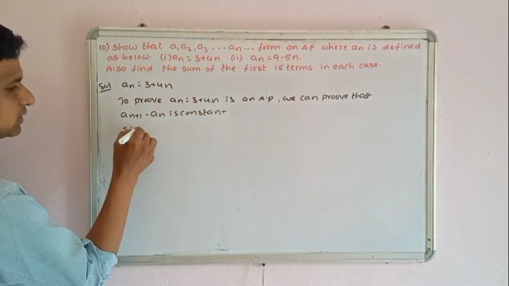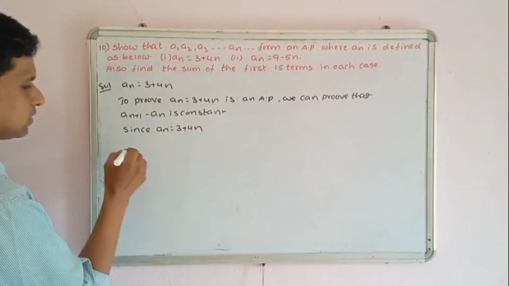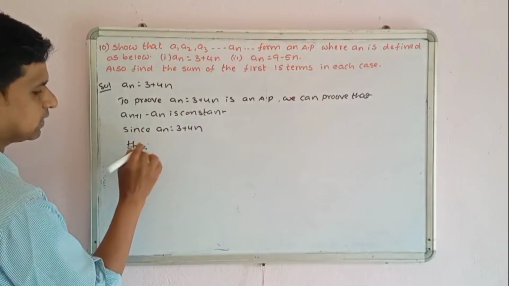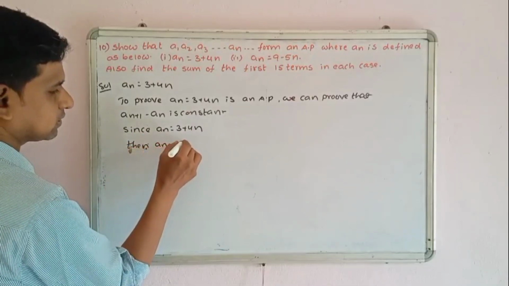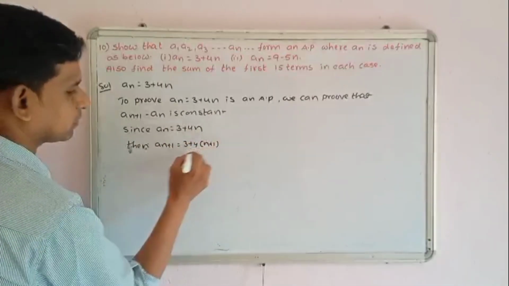Since an equals 3 plus 4n, what about an plus 1? an plus 1 equals 3 plus 4 times n plus 1.